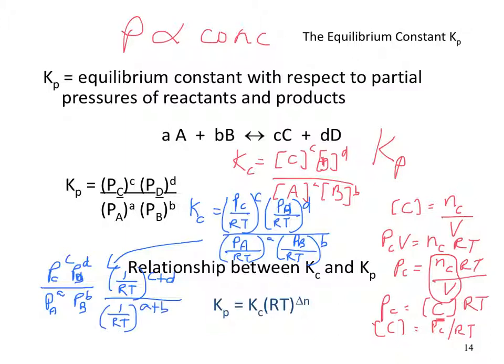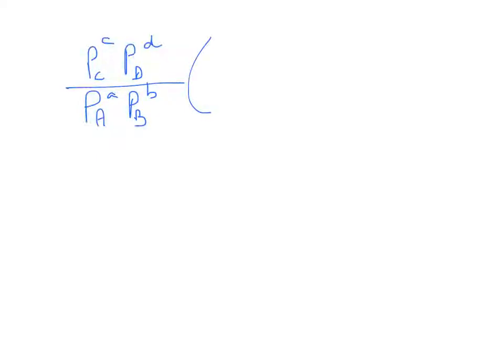And that can be written again as, let's just continue to show all the steps, PC raised to the power of c times PD raised to the power of d divided by PA raised to the power of a, PB raised to the power of b, and we have 1 over RT raised to (c plus d) minus (a plus b).